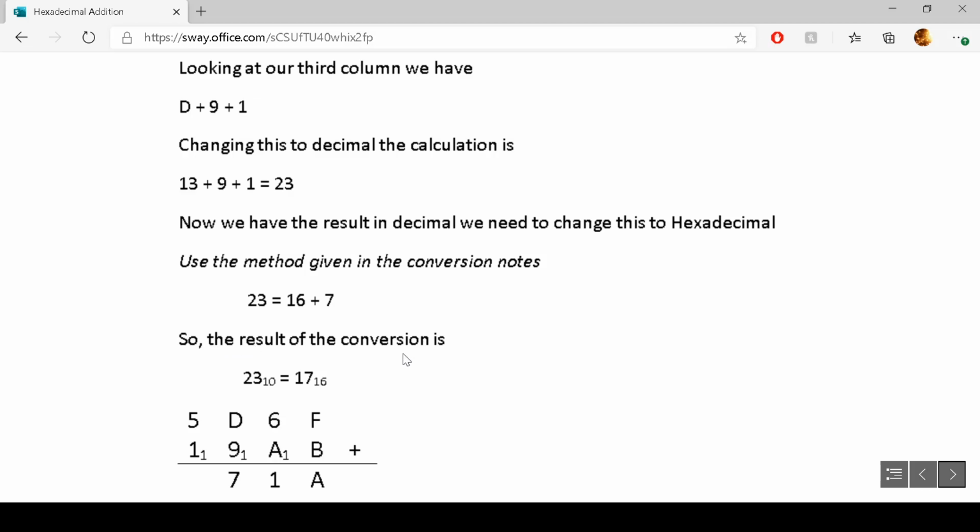So the result of the conversion would be 23 decimal equals 17 hexadecimal. So we have got 1 16, which is this one, and 7. Use whatever conversion method suits you. So if the one that's been shown previously is the one you prefer, then use that. Okay, so as you can see here, we put 7 down and we carry the 1.